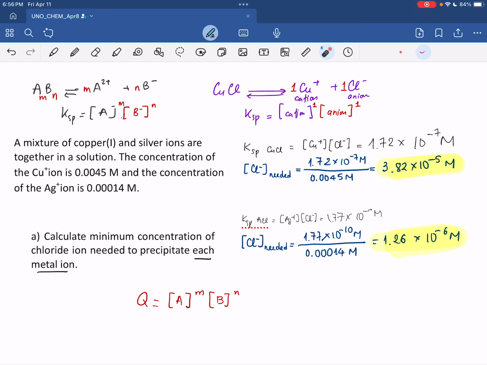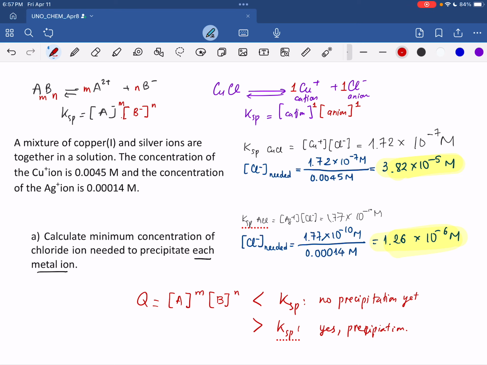So basically, if Q is less than the Ksp, there is no precipitation yet. But if it is greater than the Ksp, then yes, there will be precipitate.